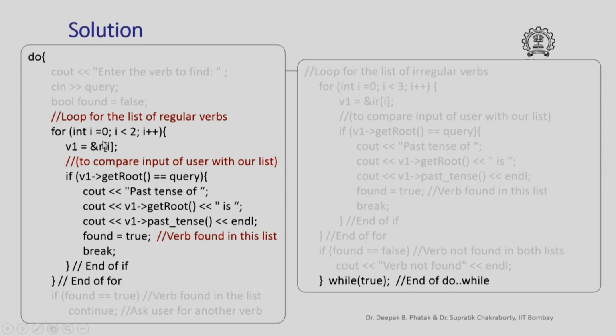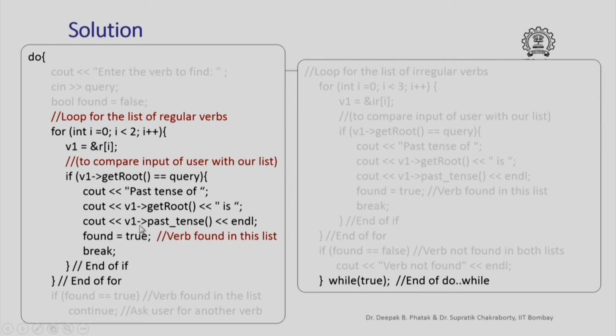Here v1 is pointing to an object of class regular verbs, so it is going to invoke getRoot from the class regular, and that is going to return the string that is stored as the verb in the first element of this array, and if that matches query, we are going to say past tense of that string is, and we are going to call v1 arrow past tense.